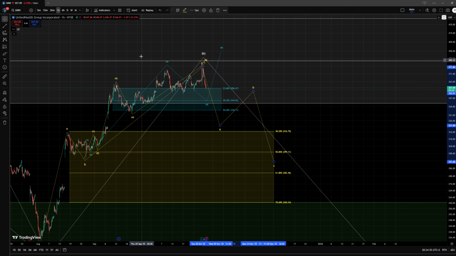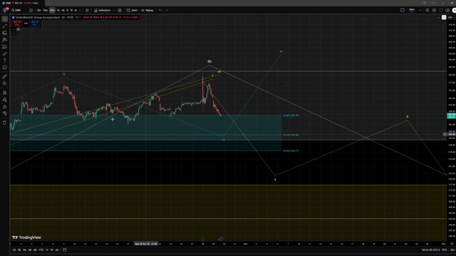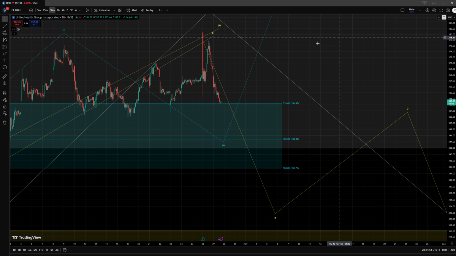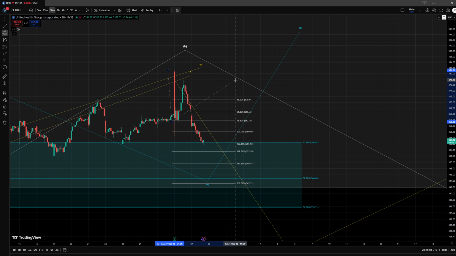And for now, I suppose we could also be looking a little bit here in the shorter time frame, where I suppose this would be an initial 1-2 setup that has formed, and now I would be looking for a third wave down in the case of the blue interpretation, where this would be a larger ABC structure that would be unfolding. And once we have this third wave, this internal wave tree complete, I do have to say it is actually likely that this is not the full wave tree.